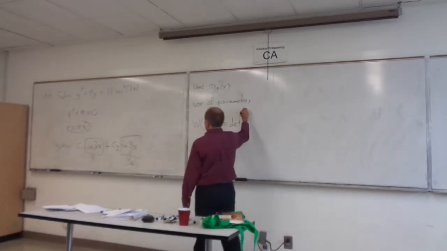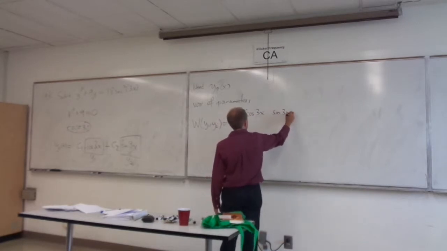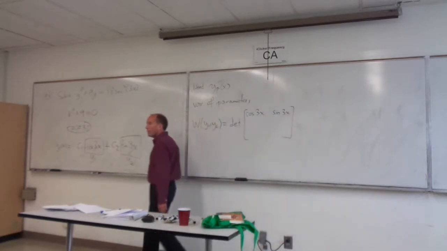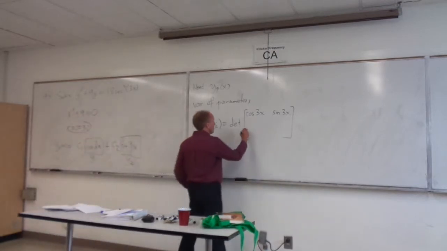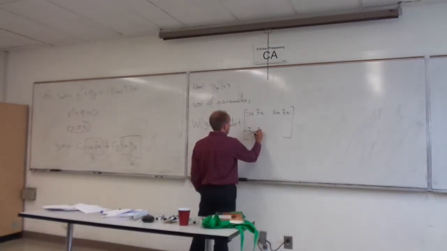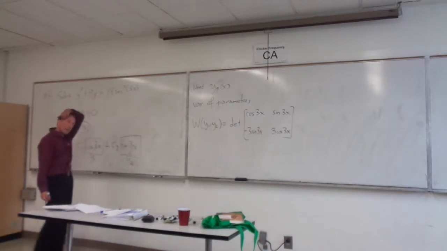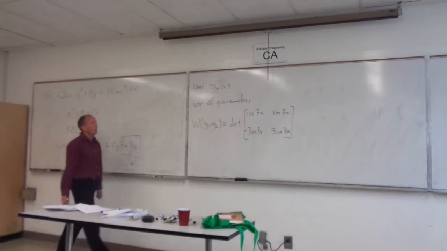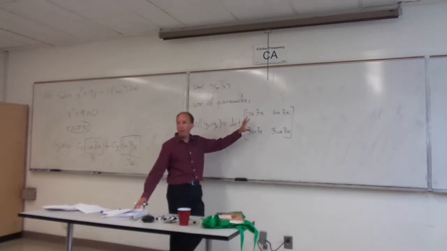It's the determinant of, we put our two functions on the top line of the matrix. And then we just take derivatives down the matrix. So negative 3 sine of 3x goes here, and 3 cosine of 3x goes here. Okay? So if you work that out, what's the question you have about the determinant?